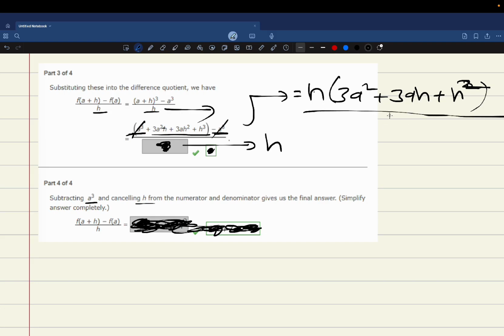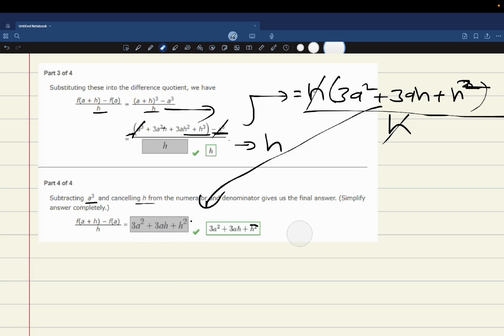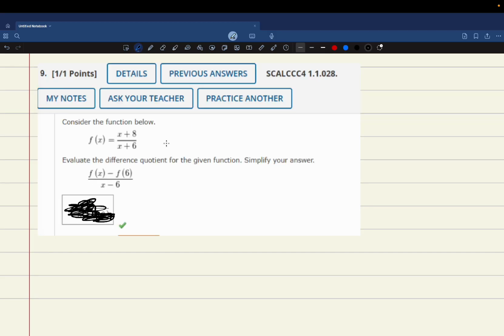Now we have h in the denominator. We can cancel this by this, and then this is our final answer. I'll also reveal this. Here you can see h, and then 3a squared plus 3ah plus h squared is our final answer.